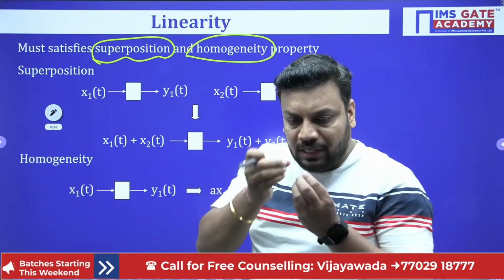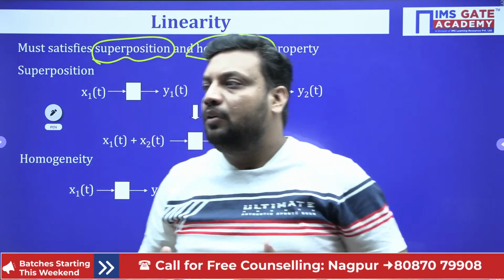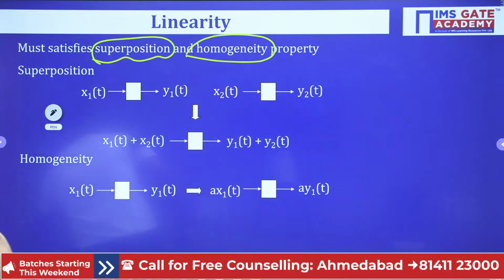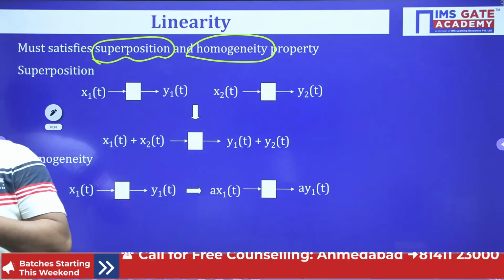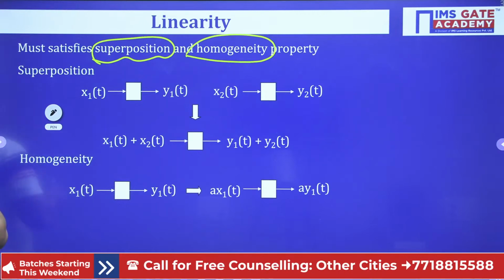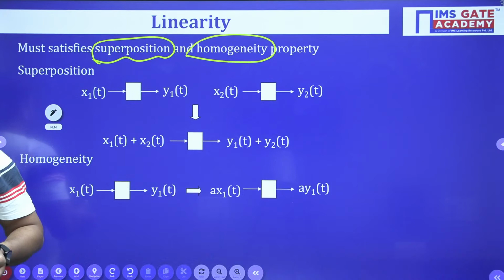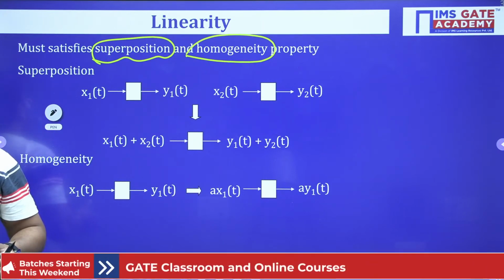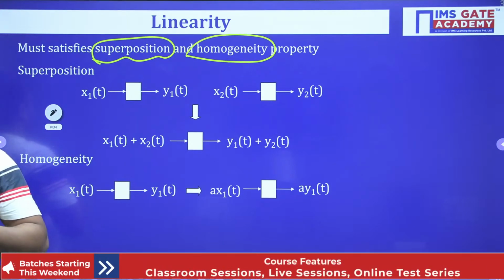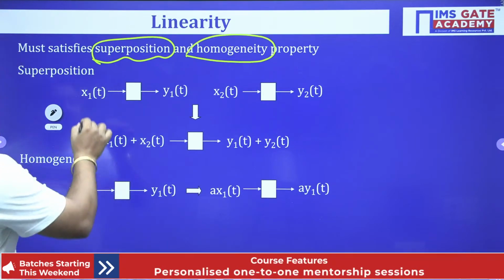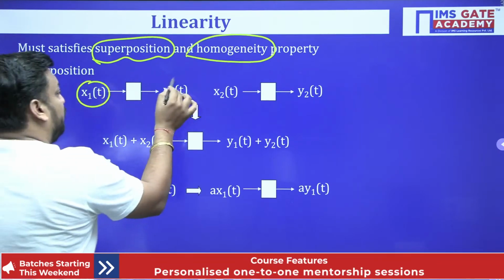If you are able to listen to the next 10-minute class, you will be able to solve the question within a fraction of seconds. So students, if the signal has input x1(t), then the output is y1(t).